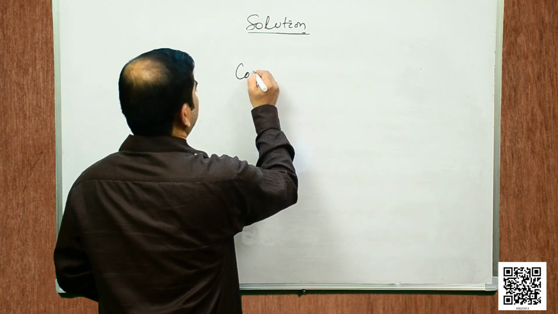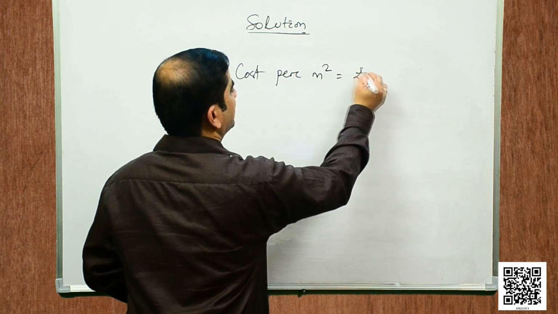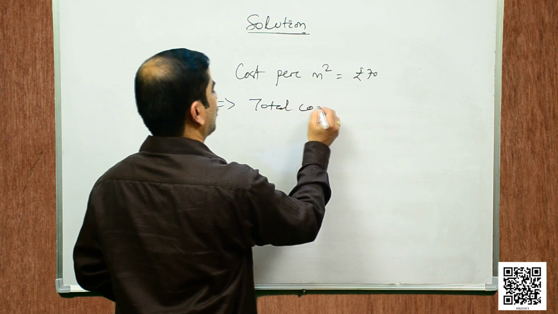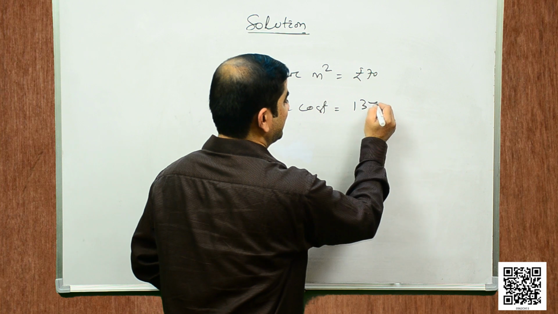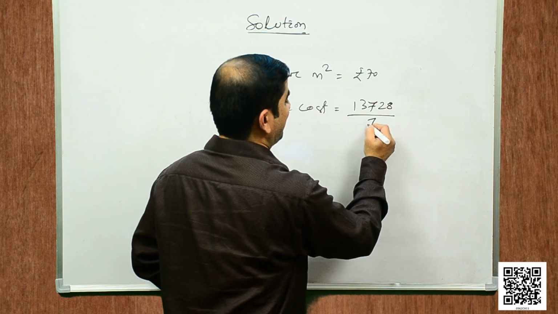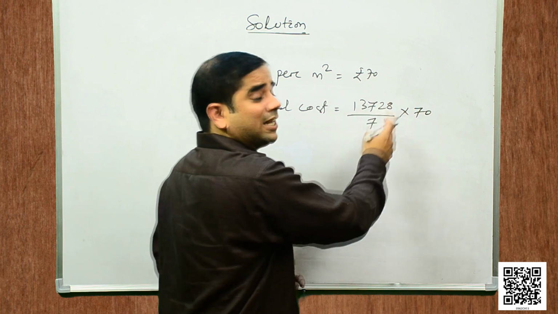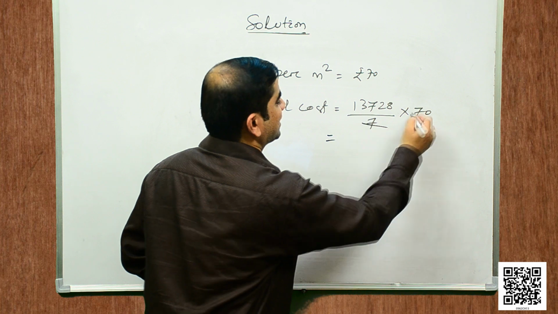So, cost per meter square is rupees 70. That implies total cost is equal to 13728 divided by 7 into 70. That is why I did not calculate the decimal for this value, because now it will be easier.